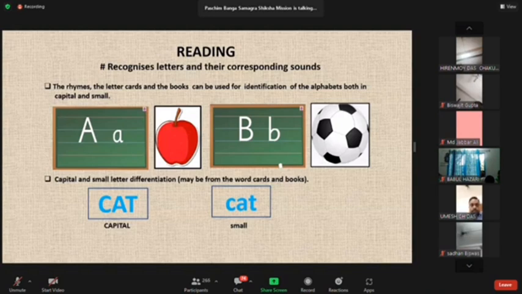But we have chosen these because from the very beginning, whenever they recognize the letters, they will be able to know at the next step, when we convert them to writing, how much space they will use when they are going to write. So these are the preparation for the writing level. That is why we have chosen the cards where the lines are drawn.